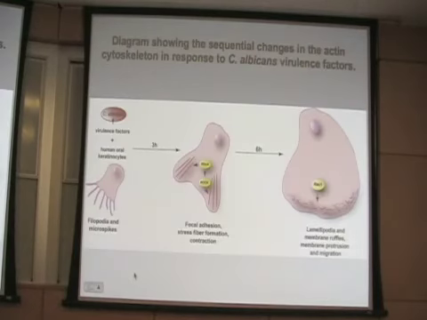Finally, I would like to show a working model. We have more evidence, but time is not enough. This diagram shows the sequential changes in the actin cytoskeleton caused by C. albicans. It is well known, and we have shown, that this fungus can secrete virulence factors into the medium and cause changes in the actin cytoskeleton.